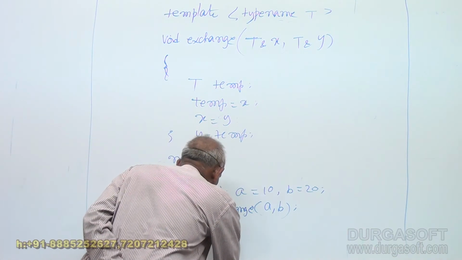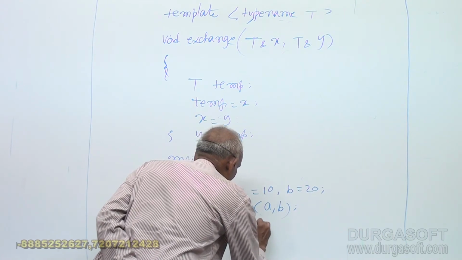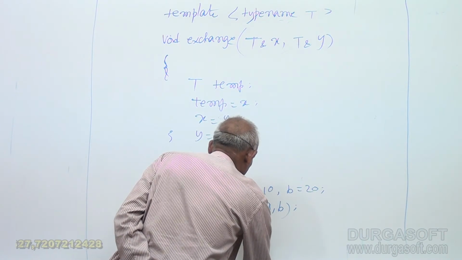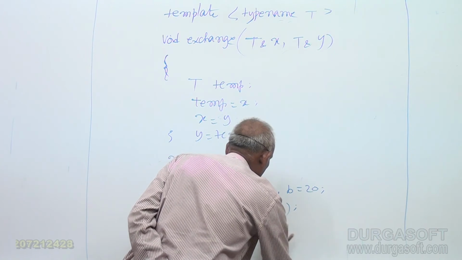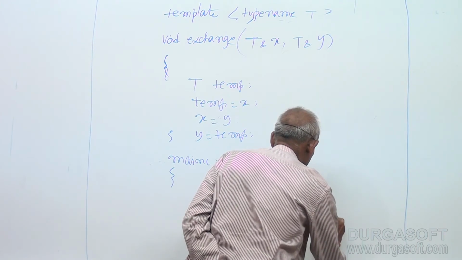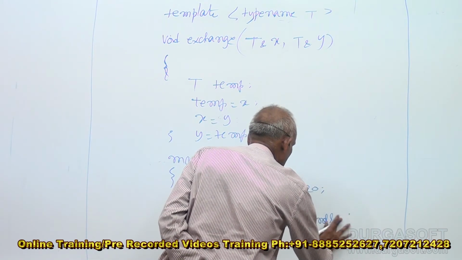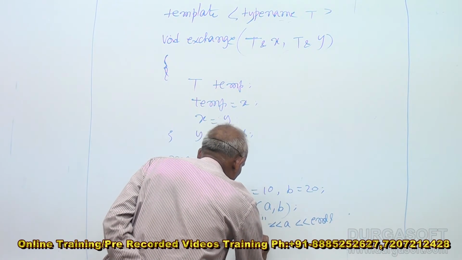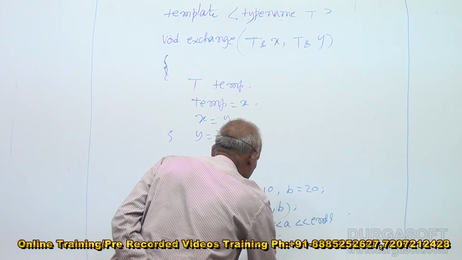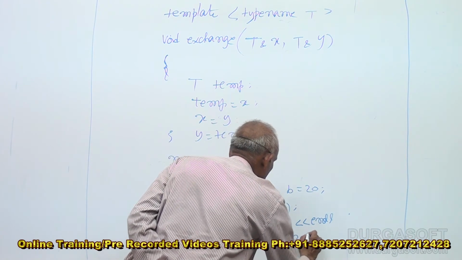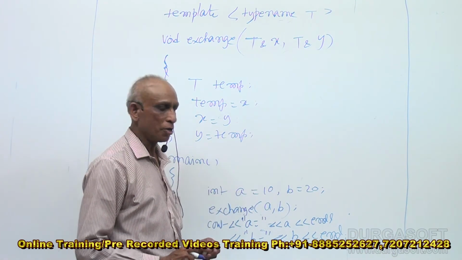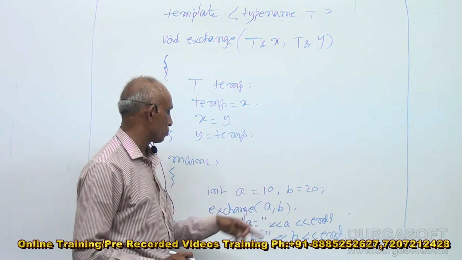Then display cout << "a is equal to" << a << endl, "b is equal to" << b << endl. So first int a is 10, b is 20, call exchange function with these two values a, b.